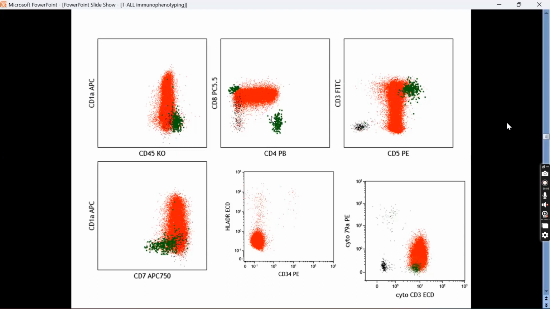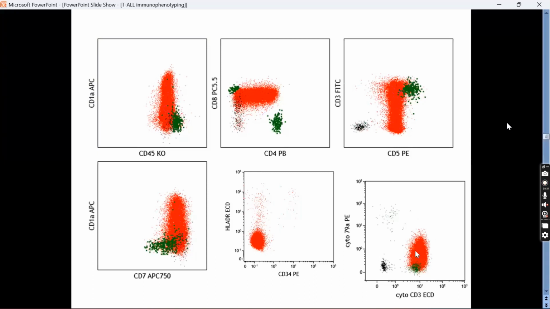If the same population is 90 negative for it, then I will not worry about this; I will never even worry about this. For example, if the blast is CD19 bright or moderate positive, now I have a problem differentiating whether it's B or T, which is very, very rare.